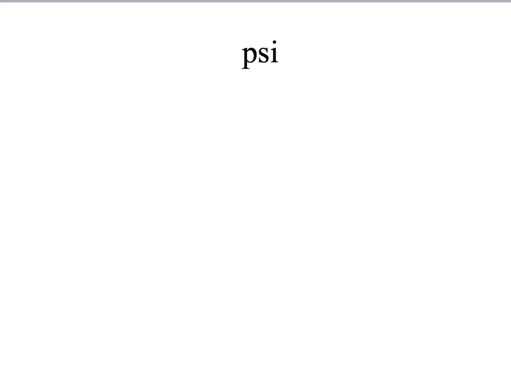Again, this letter might be pronounced psi or psee. And the capital psi looks like this. And the lowercase looks like a smaller version without the stem at the bottom. Many English words that begin with PS come from Greek because they have this letter originally in them.